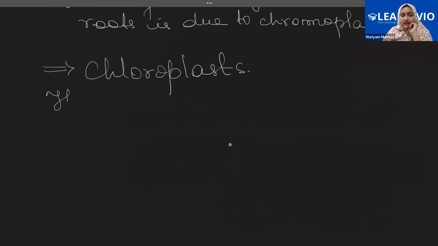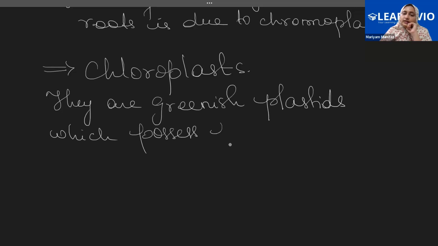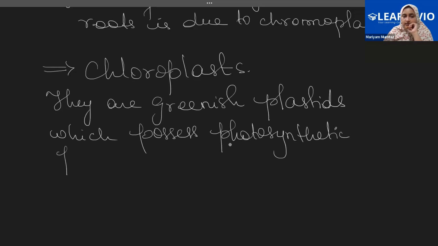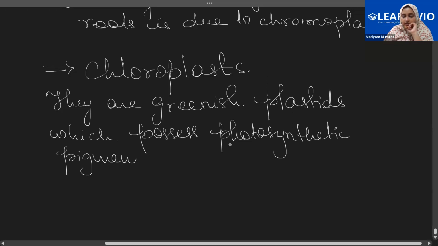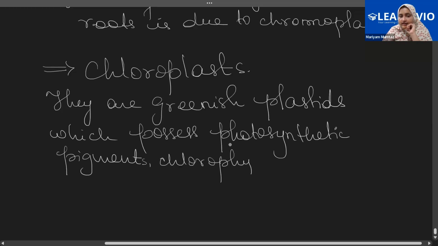So they are greenish plastids which possess photosynthetic pigments, that is chlorophyll majorly, right?